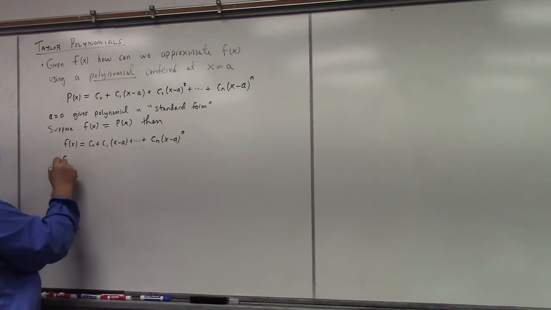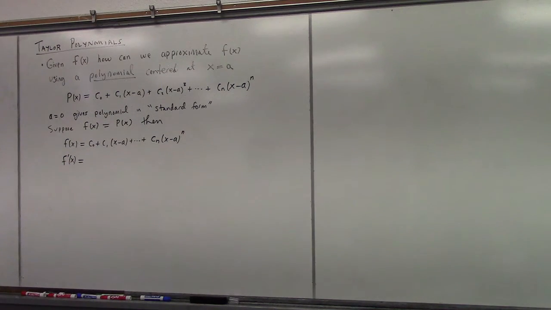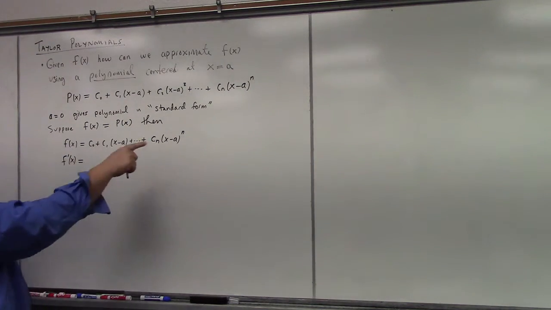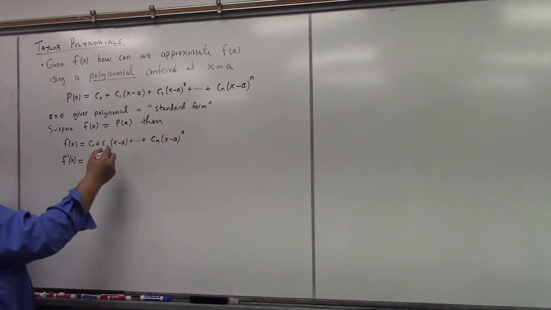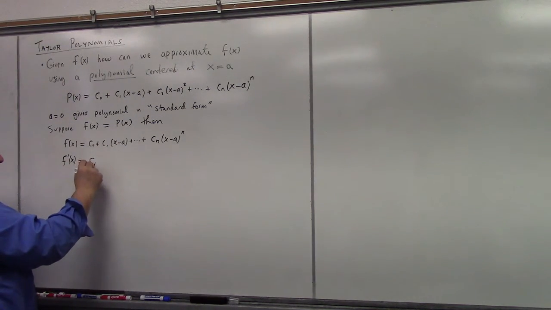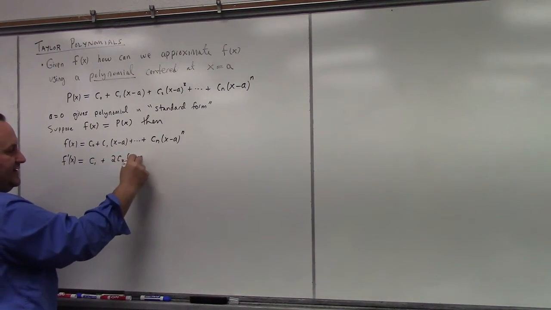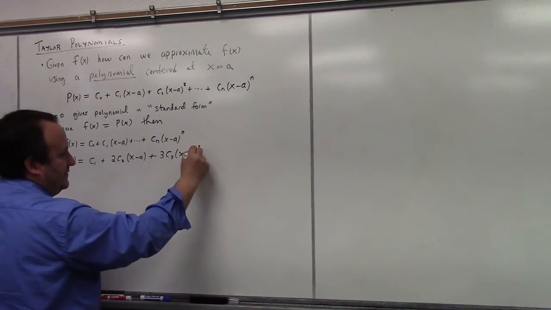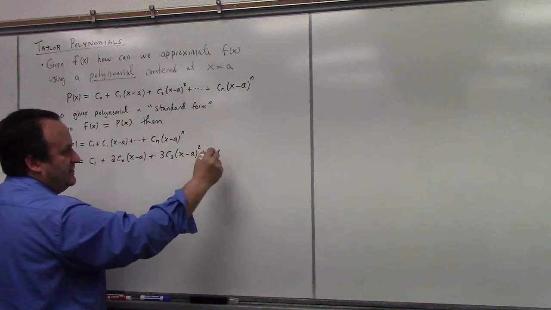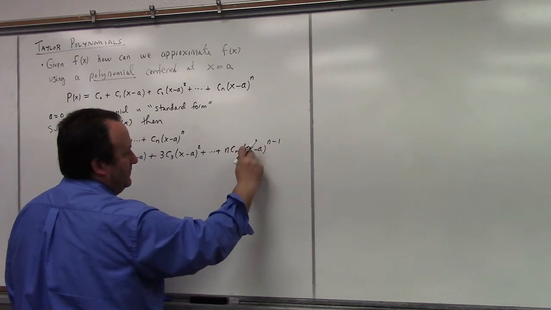Then we have f prime of x. What is f prime of x equal to? So here, these are constants, right? So the derivative of c0 is 0, derivative of c1 x minus a is just c1 again. So this differentiates to c1 plus 2c2 times x minus a plus 3c3 times x minus a squared until we get to n cn times x minus a to the n minus 1 by the power rule, right?